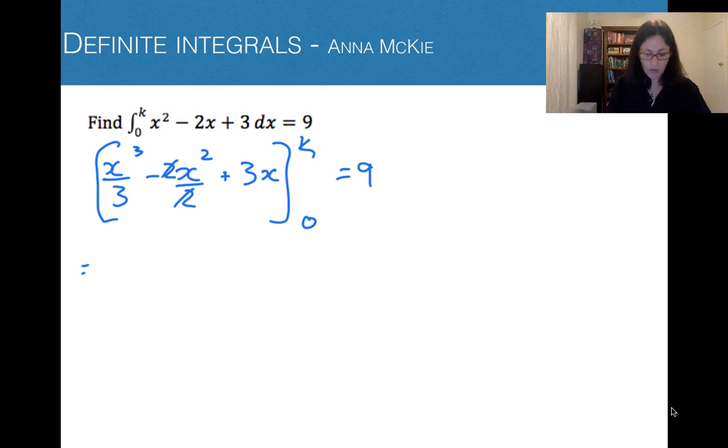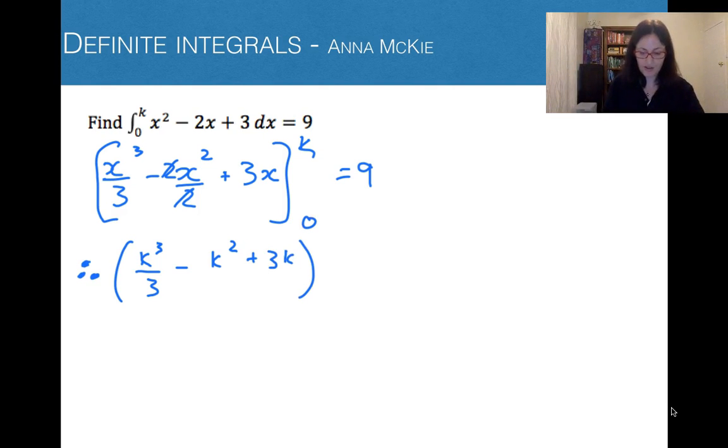Here we don't need another equals, but if you need to put something at the beginning, put a therefore sign. Substituting k, k cubed over 3, take away k squared plus 3k, and subbing in 0 to each of these, conveniently, they're all going to be 0. Sometimes that happens, and that's very handy, is equal to 9.